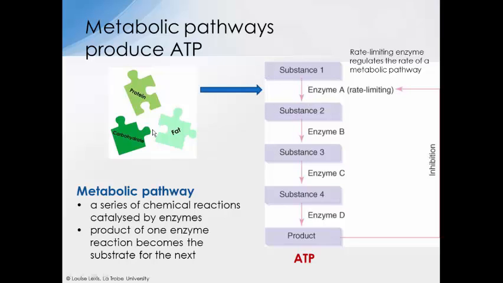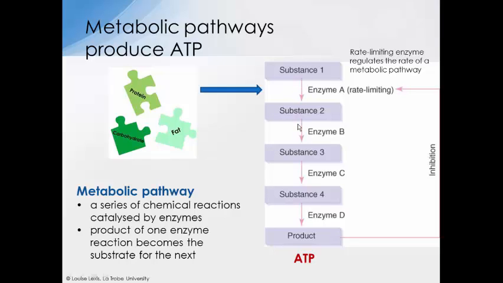So for example, if we said that glucose, being a carbohydrate, was the initial substance in this pathway, glucose would be converted into a product.